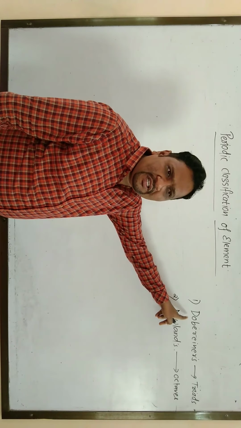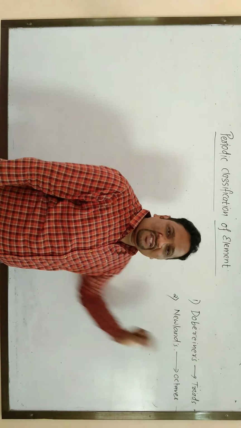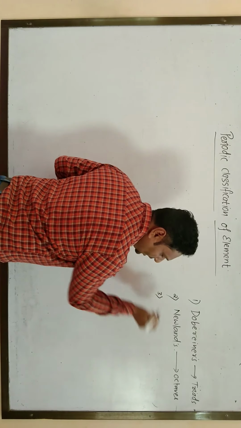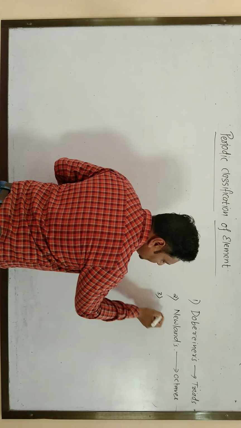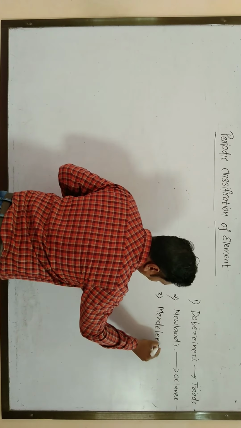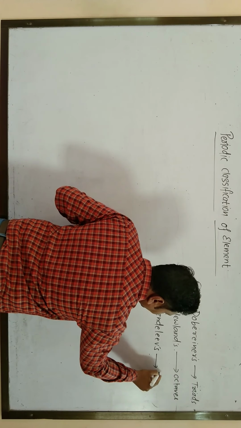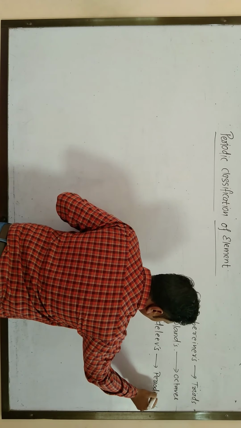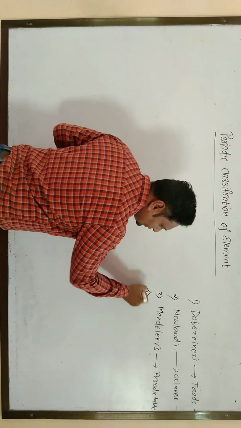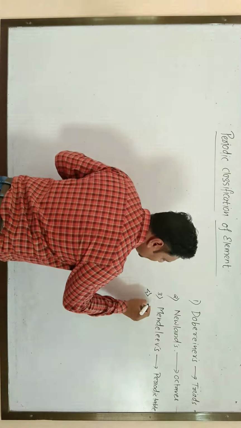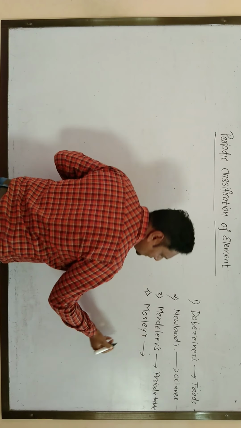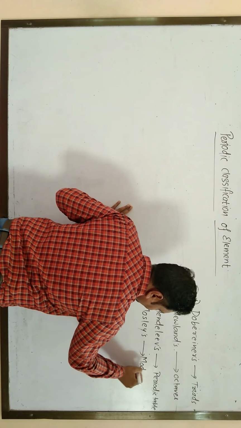The first classification system is nothing but Döbereiner triad. Second, Newlands octaves. Third, Mendeleev's periodic table, and the last one is Moseley's modern periodic table.